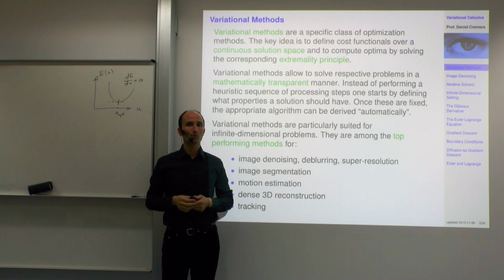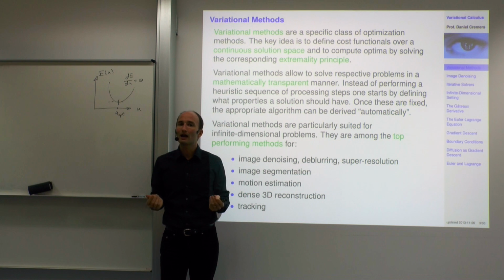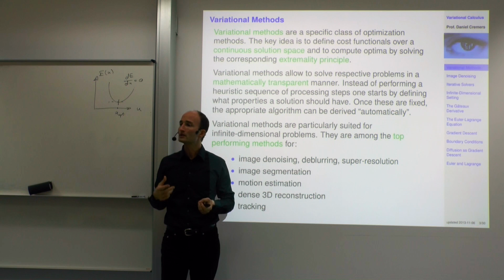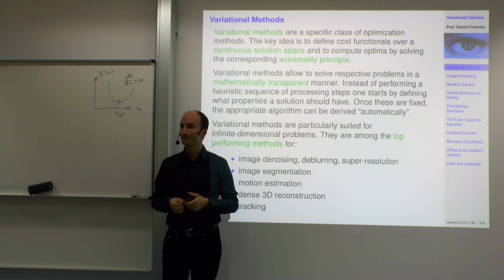It reads like a cookbook, one step, next step, next step, but you don't have a clear understanding what the author is really aiming for, what the assumptions are that he makes to get the solutions. It's really just a cookbook recipe.